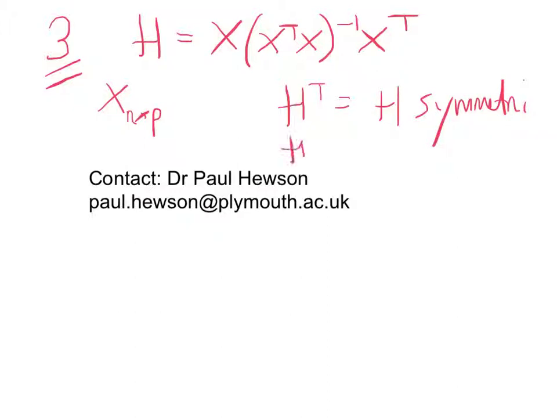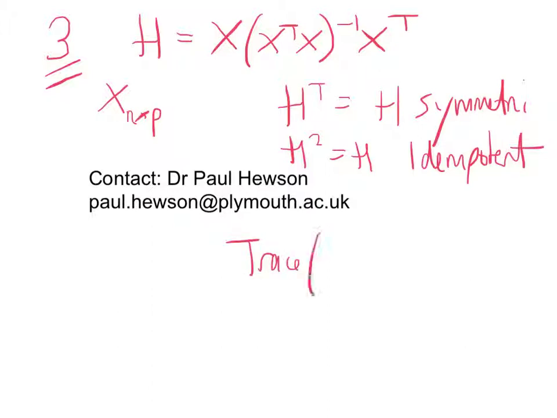We've seen that H is idempotent, and we've seen that the trace of a hat matrix formed from matrices of order n by p, as shown, is equal to p.